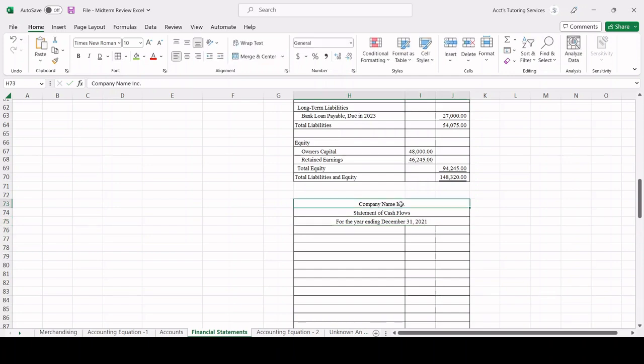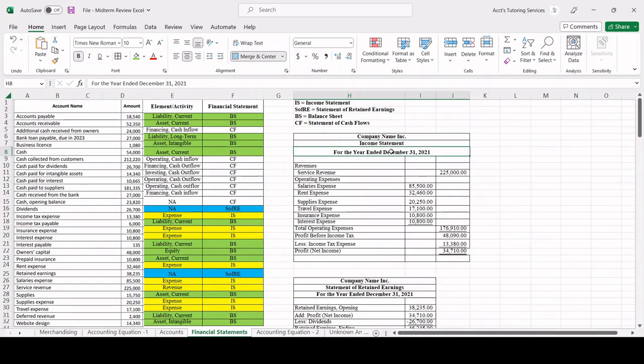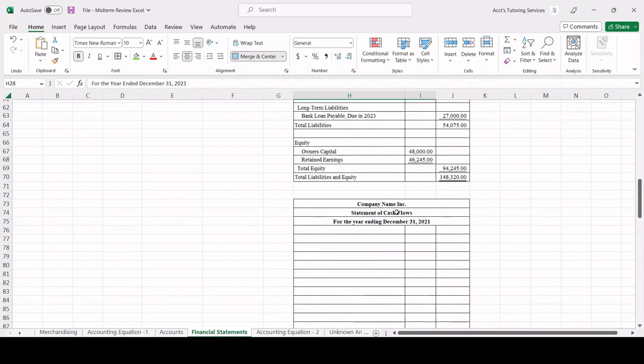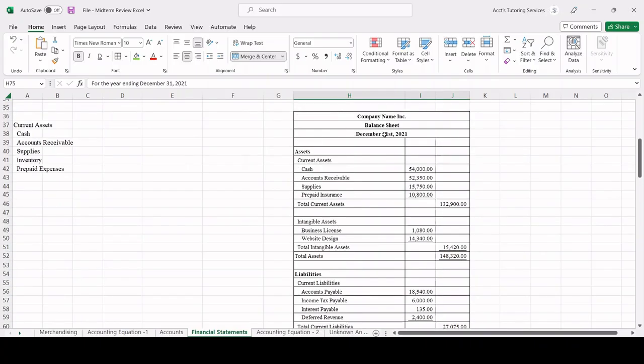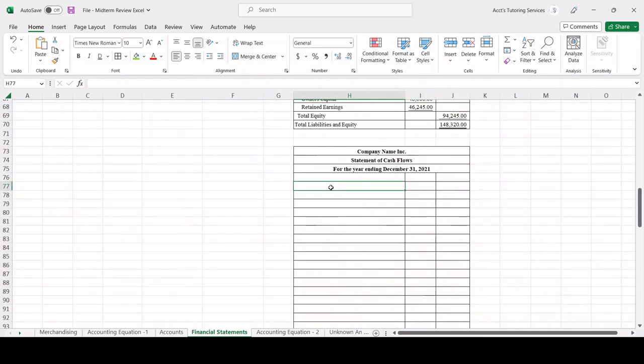So as you can see, the only thing that differs is the date. Income statement for the year ended, retained earnings for the year ended, cash flow statement for the year ended. The only one that differs is the balance sheet, just the date, very important. So we're going to start off with operating activities first. Remember, we have operating, investing, and financing. Operating activities. So we're going to label this as cash flows from operating activities.